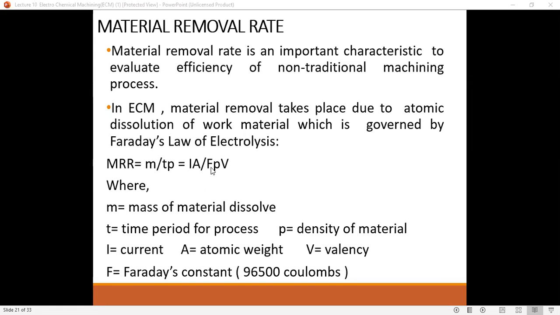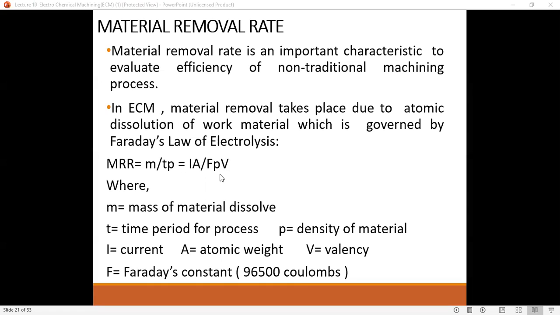So the Faraday constant is 96,500 coulombs, times the density of the material, times V, which is the valency. Valency is the available electrons for reactions of the workpiece material.